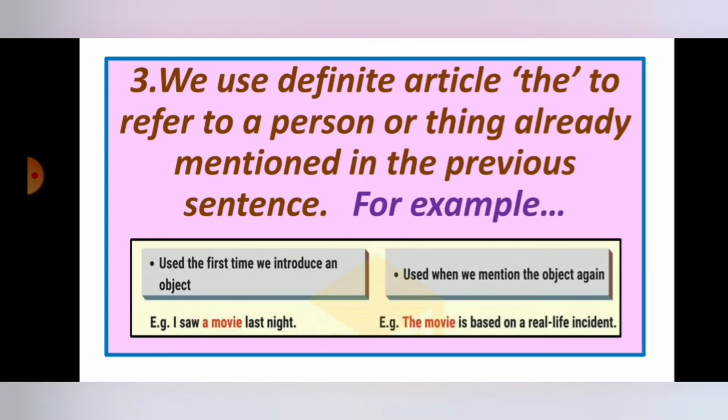Okay, then the is used when we mention the object again. If I tell again about the movie, at that time I have to use the, not a. So the movie is based on a real life incident. So see here, the first one was a movie, then this a movie has become the movie because I am mentioning the movie again.